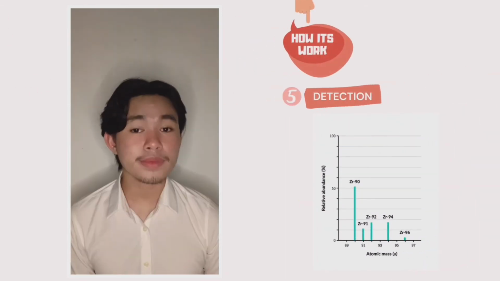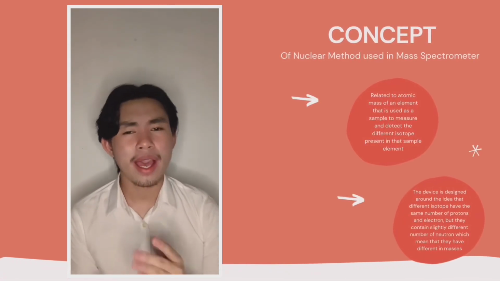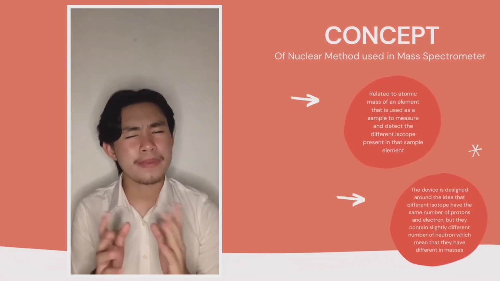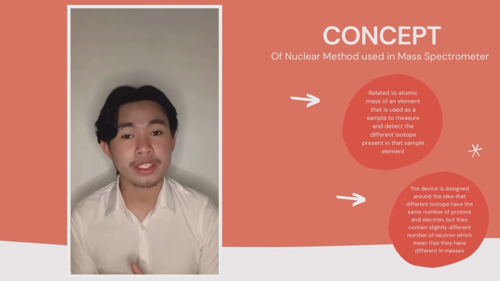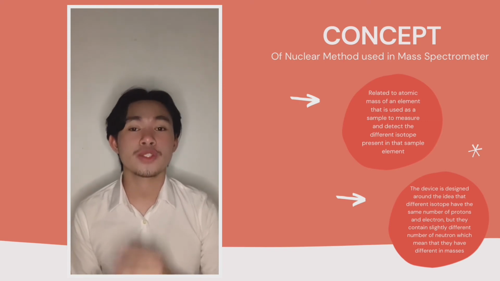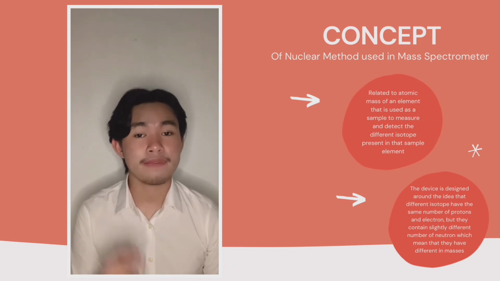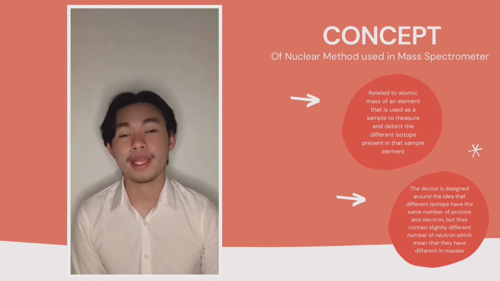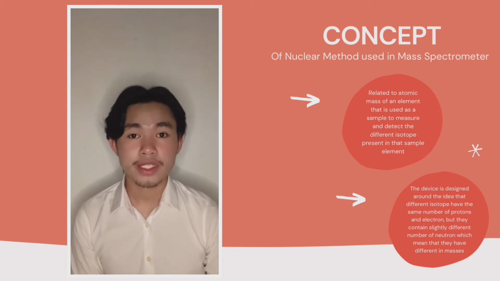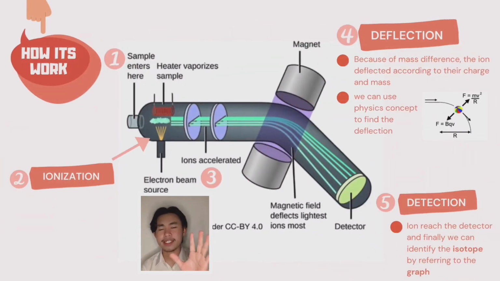So here we can see that atomic mass plays a big, important role in mass spectrometry in order for us to identify the various isotopes present in the sample element. So in conclusion, there are 5 phases in mass spectrometry, and overall we can see that there are applications of nuclear methods in this chemical physics, which is mass spectrometry.